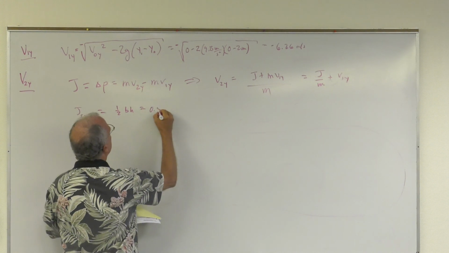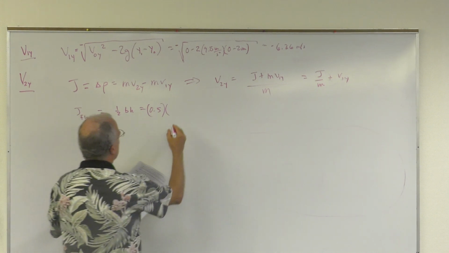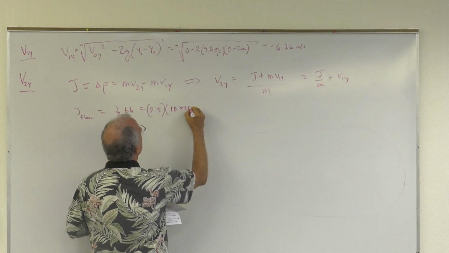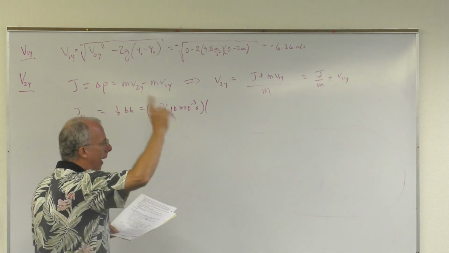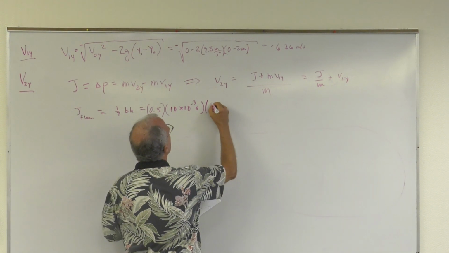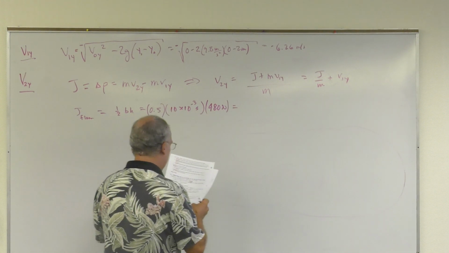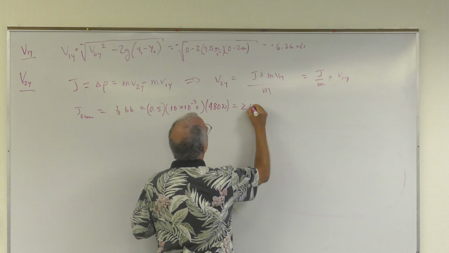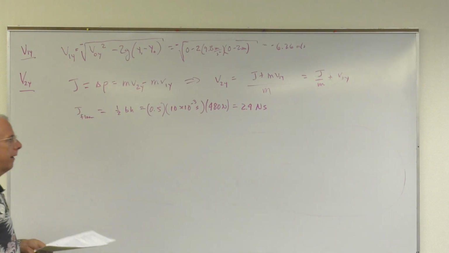So half, what's the base? 10 milliseconds, so 10 times 10 to the minus 3 seconds. And the height is 480 newtons. And that comes out to be 2.4 newton seconds. Okay, that's J floor.